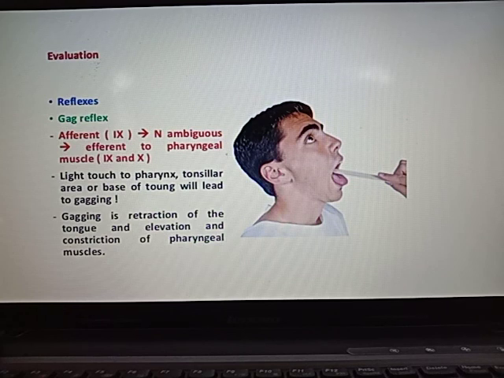Gagging, what is gagging? Gagging is a retraction of the tongue and elevation and constriction of the pharyngeal muscle. So the afferent limb of this gag reflex is the glossopharyngeal nerve, and the efferent limb is the glossopharyngeal and the vagus nerve.